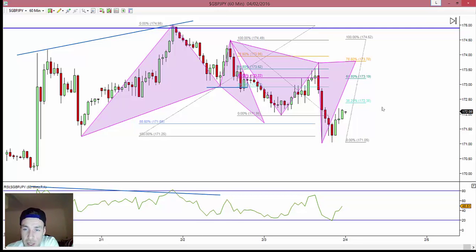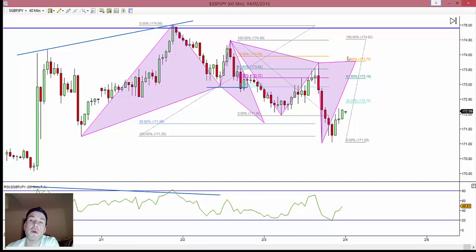So the whole point of what I'm explaining to you here, kind of went off track a little bit there, is the back pattern I'm in already. We broke and closed above. Potentially could go higher. So my first targets are staying at the 38.2.